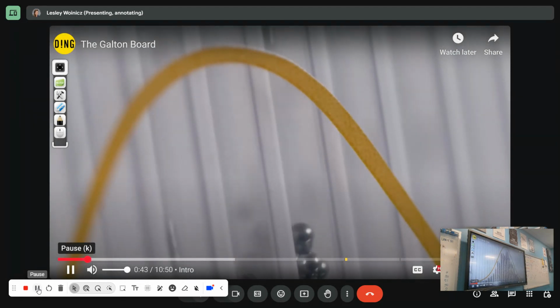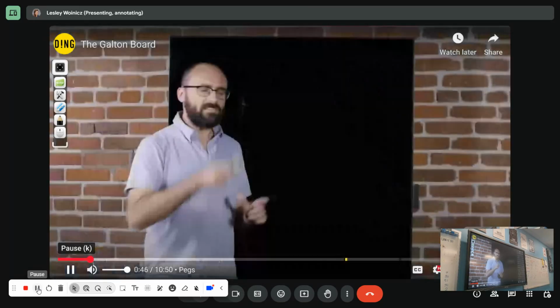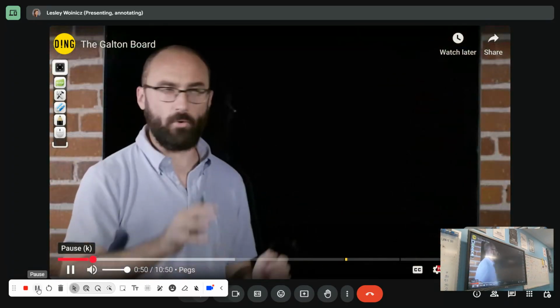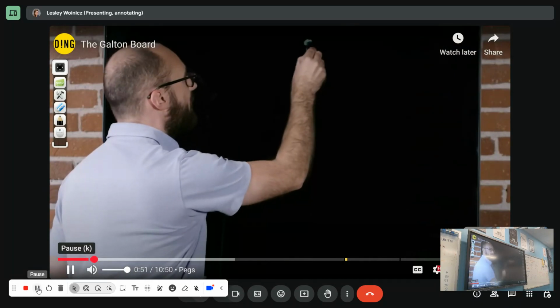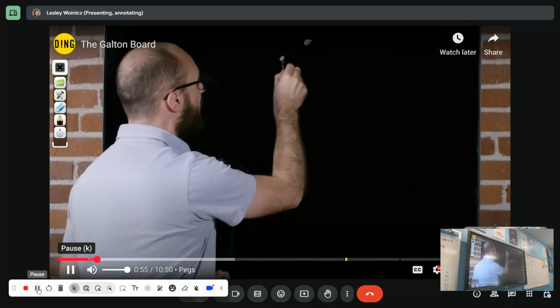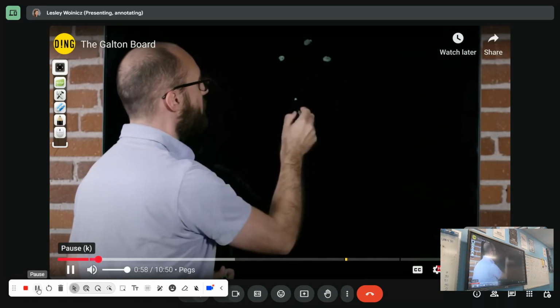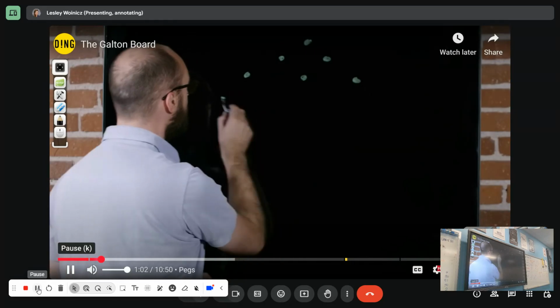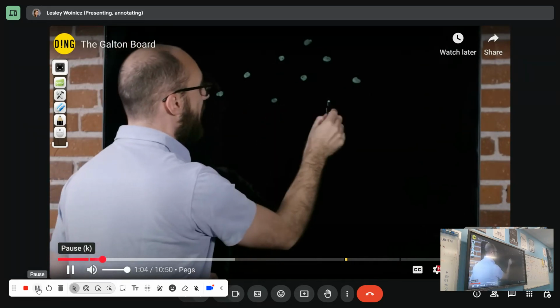A normal distribution. Let's begin by talking about the pegs. The pegs on my Galton board are arranged in a triangular pattern like this. We start with one peg. Below that peg in the second row, there are two pegs on either side. The third row contains pegs arranged like this, the fourth like this, and so on.